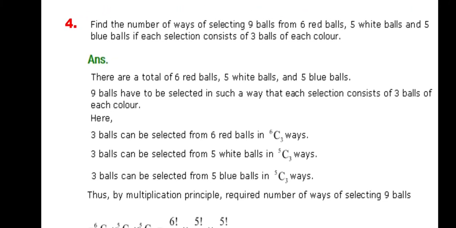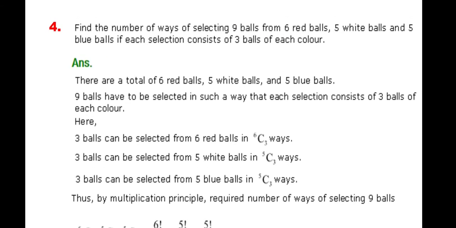The next question is, find the number of ways of selecting 9 balls from 6 red balls, 5 white balls and 5 blue balls if each selection consists of 3 balls from each color.